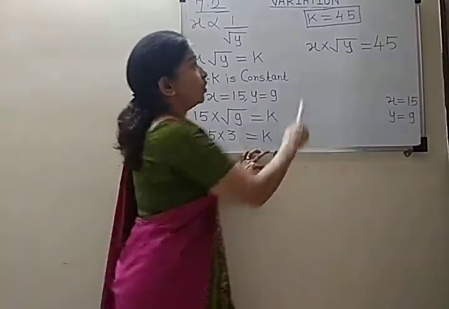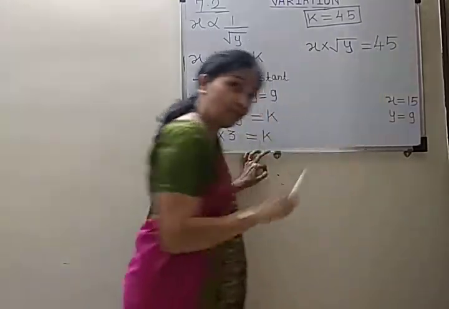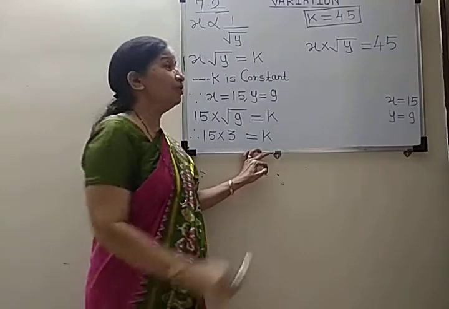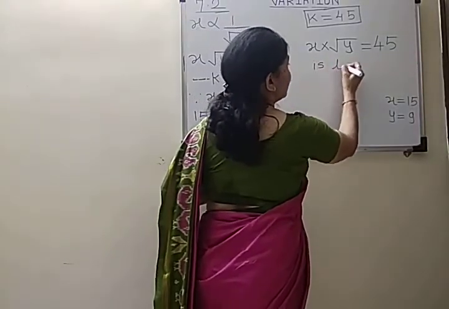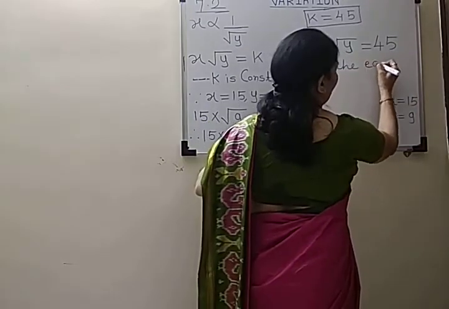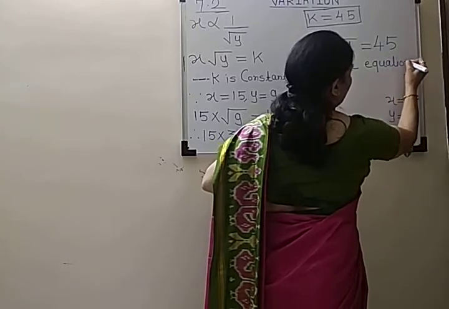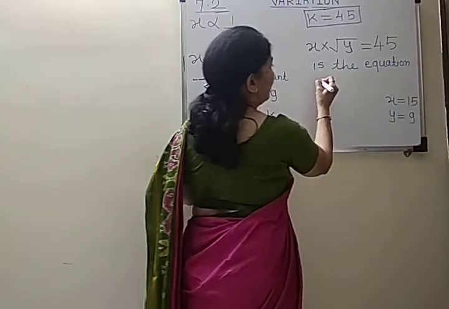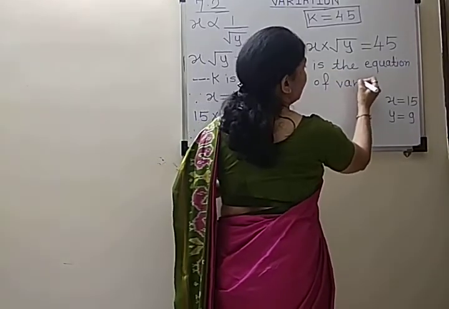So, x into root y is equal to 45 is the equation of variation. This is what is your answer.